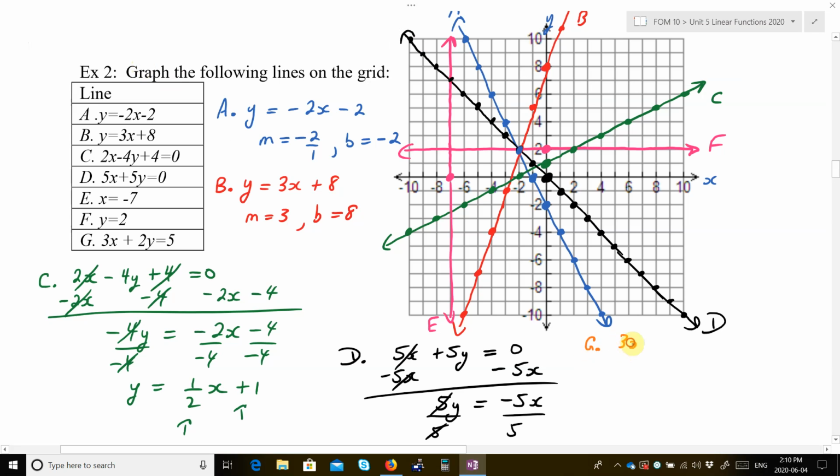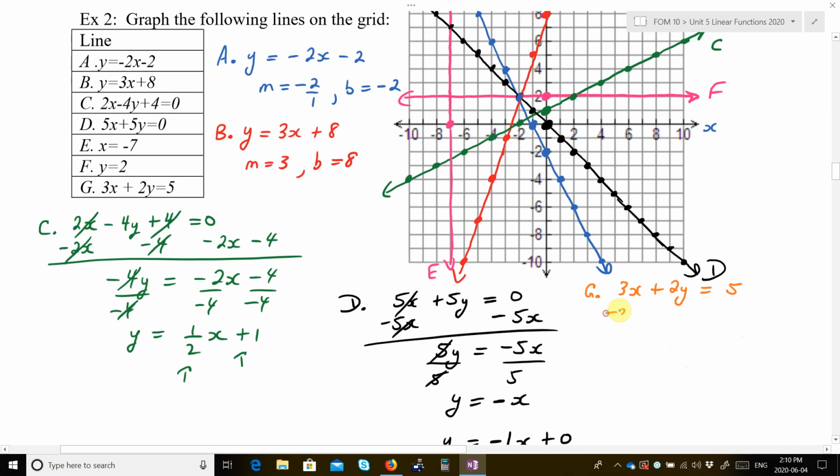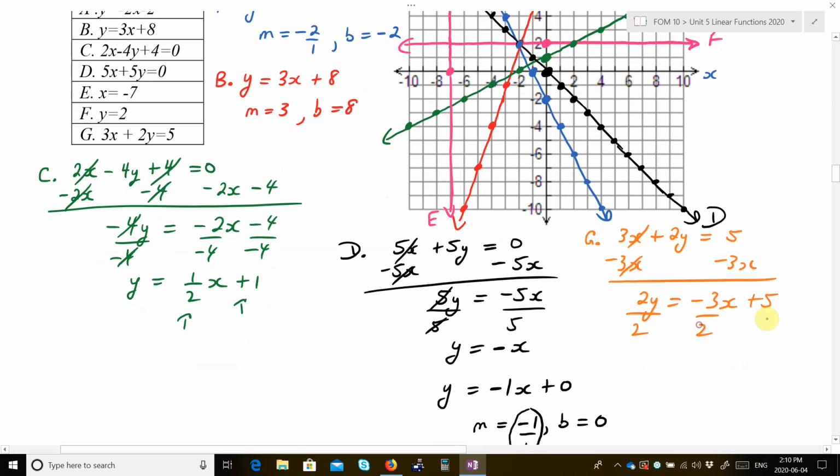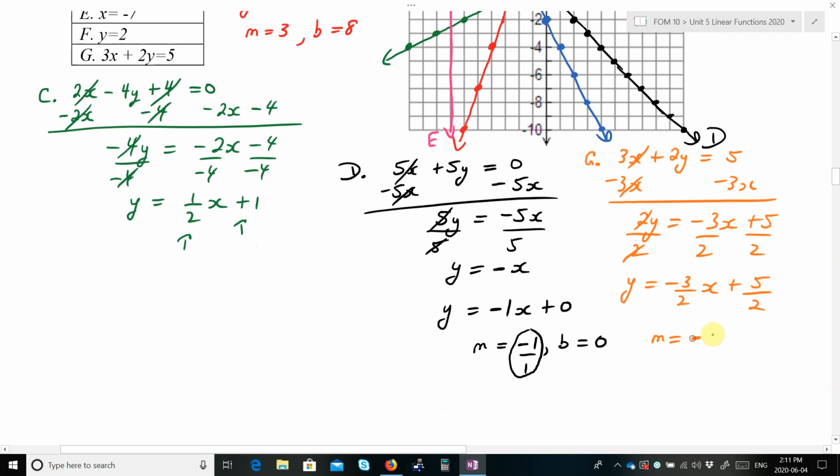Okay, letter G, we have 3x plus 2y equals 5. And if I put this in slope-intercept form, get y by itself, here's what we will get. Divide by 2, divide by 2, divide by 2. Okay, and so we get a slope of negative 3 over 2, but the y-intercept is 5 over 2, which is 2.5.